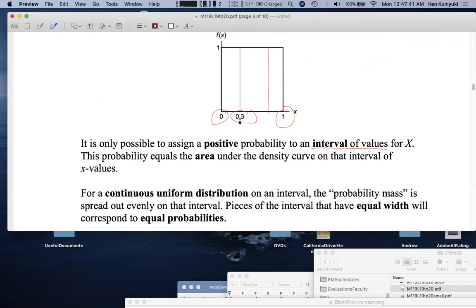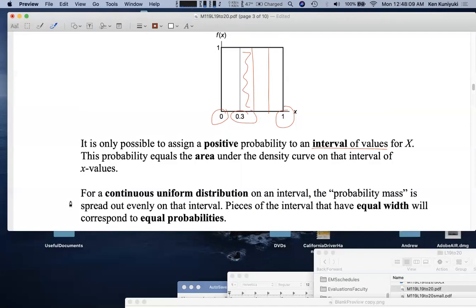So for example, the probability of getting something between 0 and 1 is 1. We can assign positive probabilities to areas of, say, rectangles or bars like these. But these bars, maybe rectangles or squares, will correspond to intervals of values. Here, the area of this bar is the probability of getting between a 0.3 and maybe a 0.5.